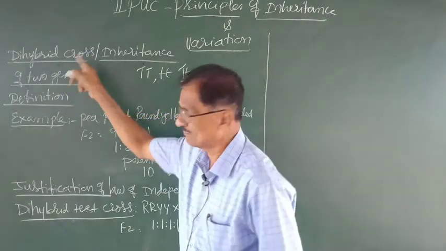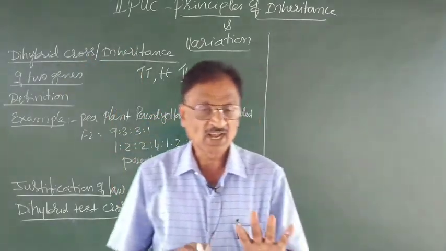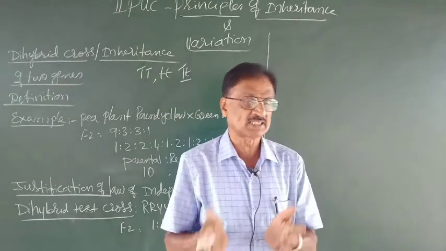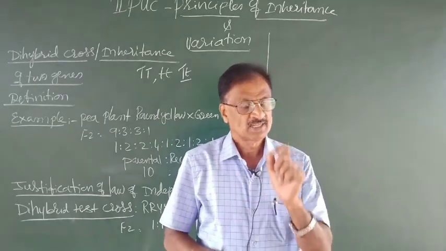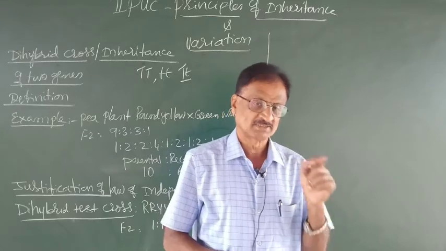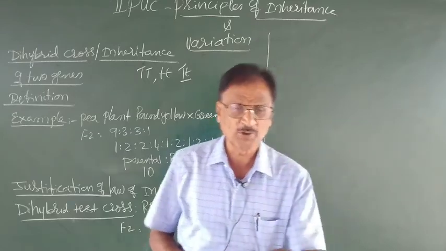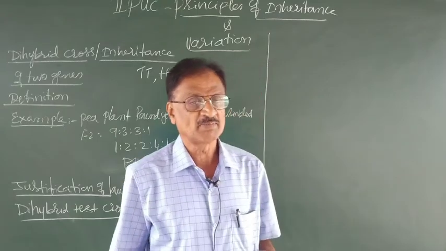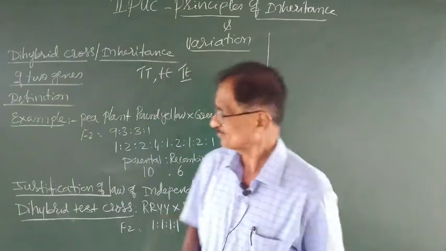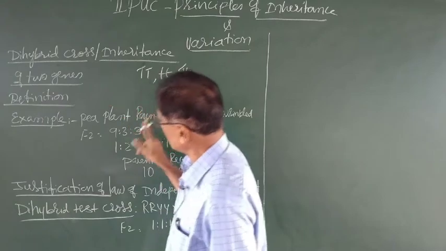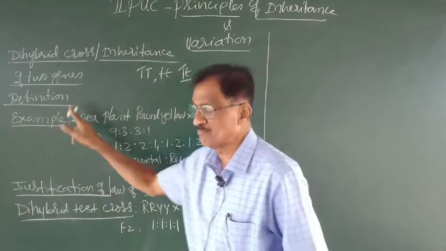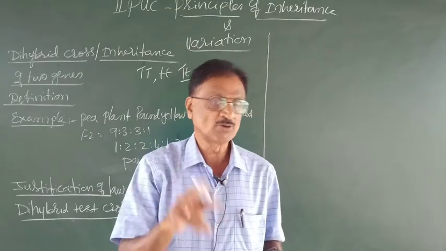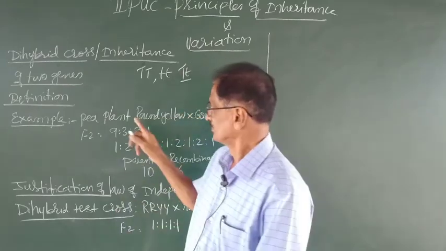As I defined earlier, a cross between two individuals differing in two pairs of contrasting characters is called a dihybrid cross, and the ratio obtained from that cross is called the dihybrid ratio. To study this, we have to take the example of the pea plant, which Mendel took for his experiment.